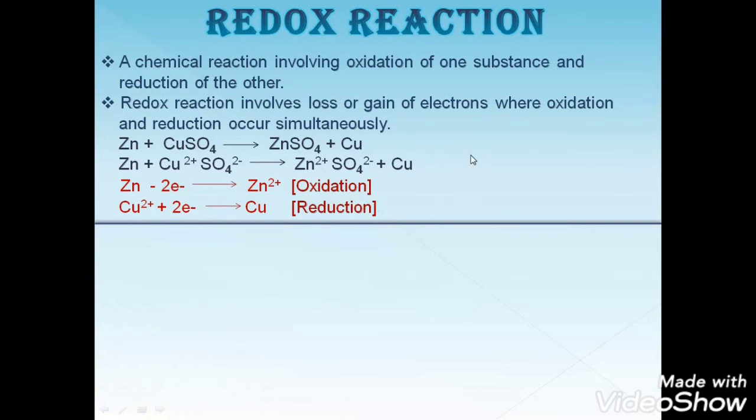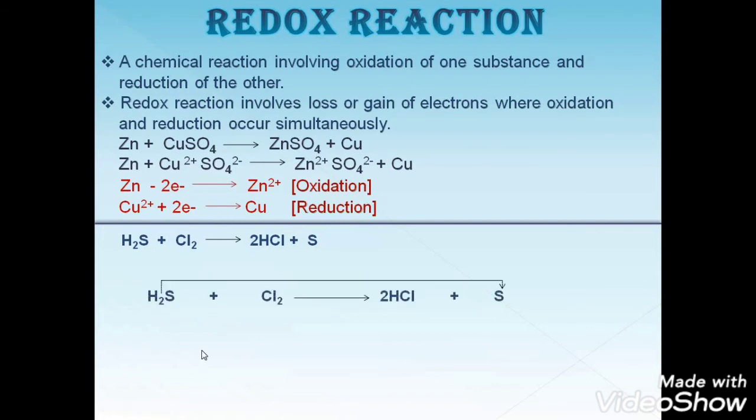We'll learn one more example. Hydrogen sulfide reacting with chlorine to give hydrogen chloride and sulfur. Now observe the reaction very carefully. H2S on the reactant side, sulfur on the product side. H2S is losing hydrogen. So loss of hydrogen or removal of hydrogen is what? It is oxidation. So hydrogen sulfide is getting oxidized to sulfur.